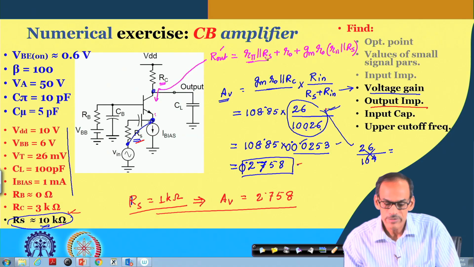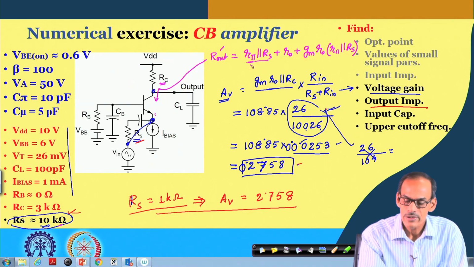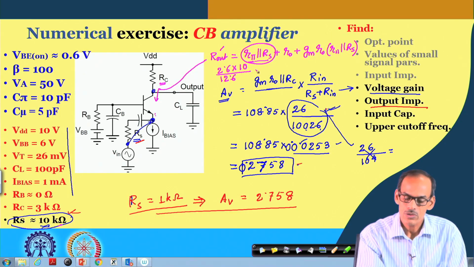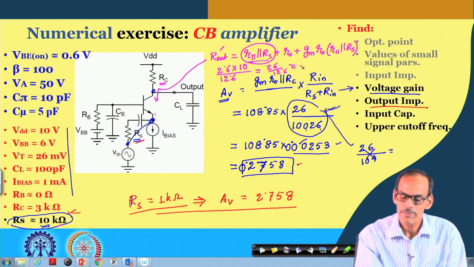No, I do not have that, but whatever it is, this part is 2.6 multiplied by 10 k, so that is 26 divided by 12.6. So, roughly we can say that this is 2 k.